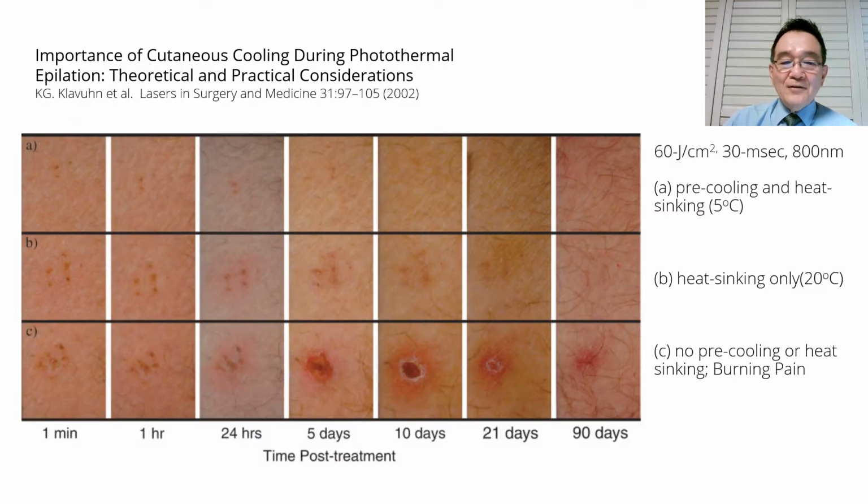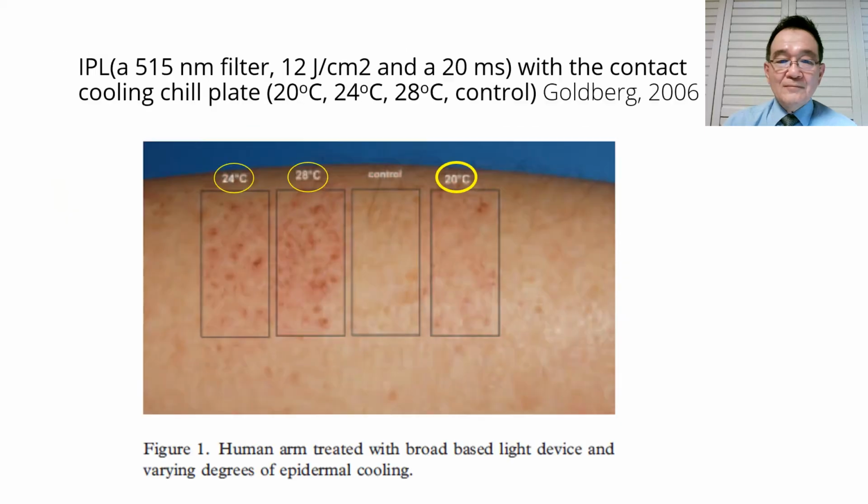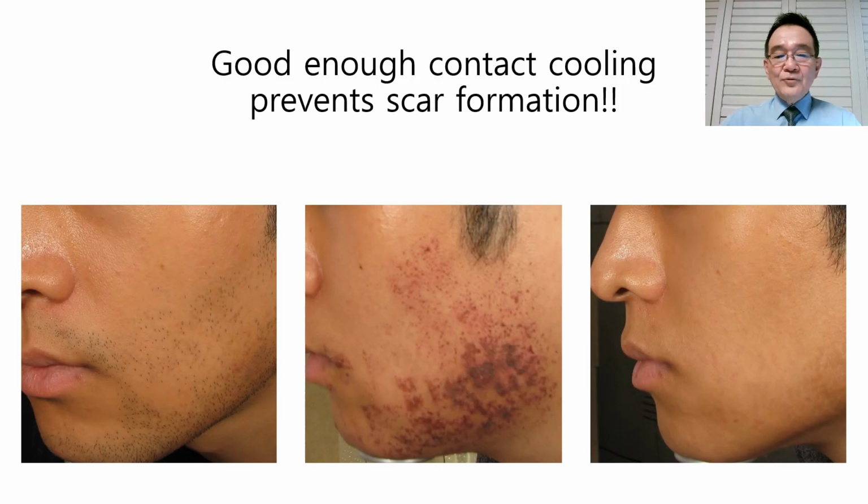In this article, Clavon showed that contact cooling is very effective to prevent skin damage. This article shows that even 20 degrees Celsius cooling chill plates prevent skin surface damage. This case shows that good enough contact cooling prevents scar formation.